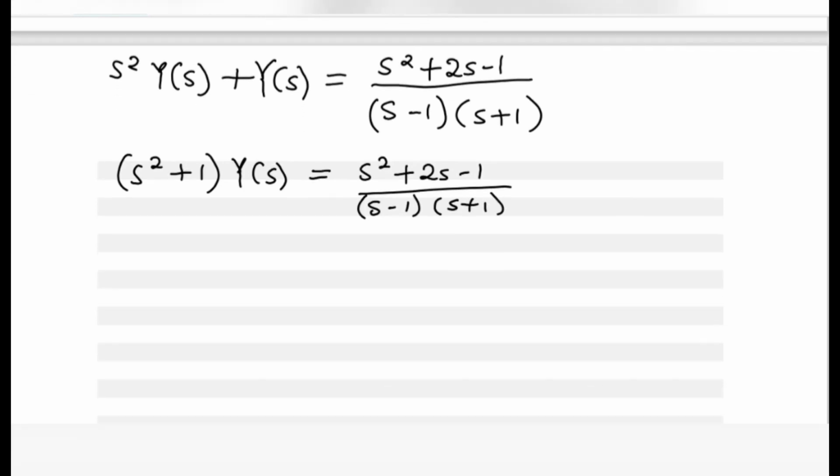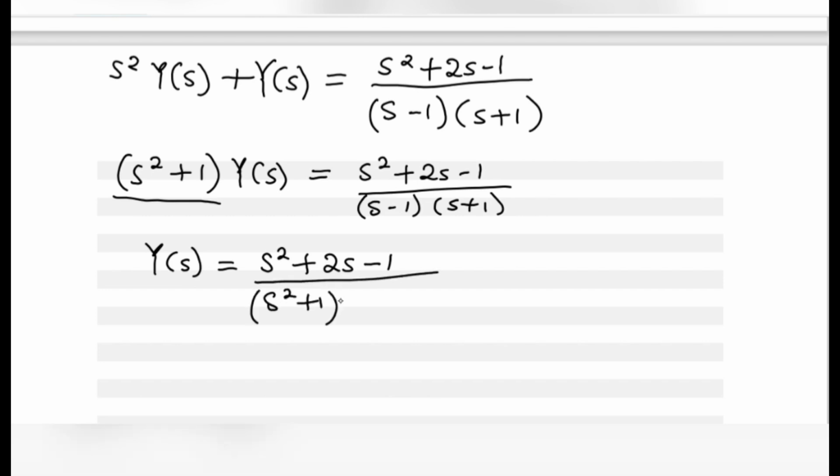And if we divide through by s squared plus 1, we'll have that our Y of s will simply be s squared plus 2s minus 1 all over s squared plus 1, s minus 1, s plus 1.